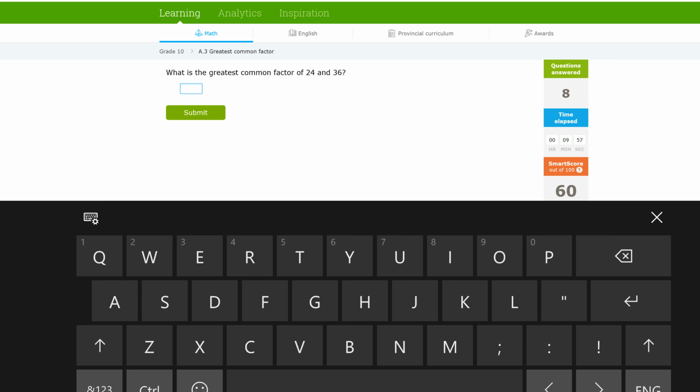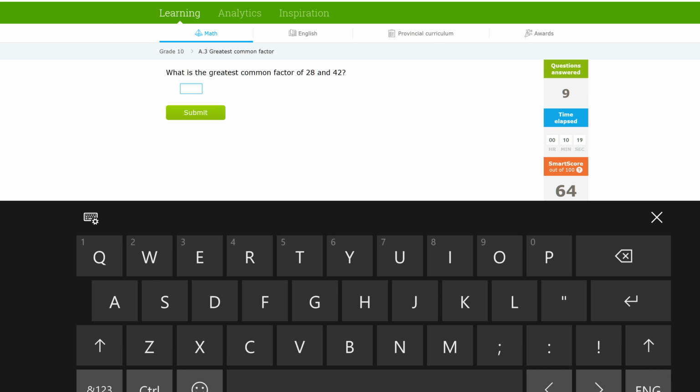We'll go for the maximum. Now, think more about it. Is there any other number which divides them? 12. Think about 12. 12 times 3 is 36. 12 times 2 is 24. So the answer is 12. Yeah, so we submit. That's right.